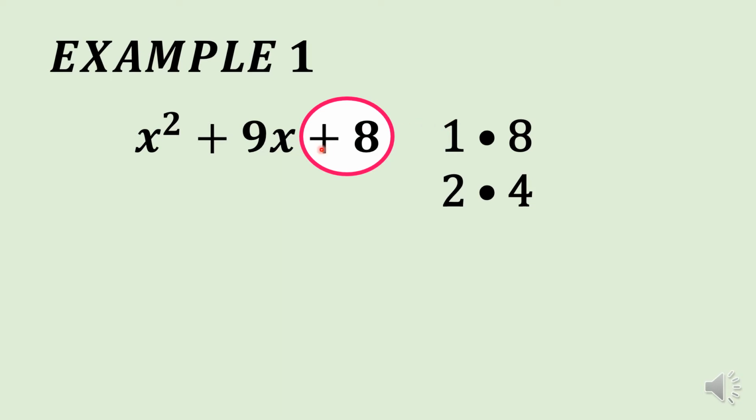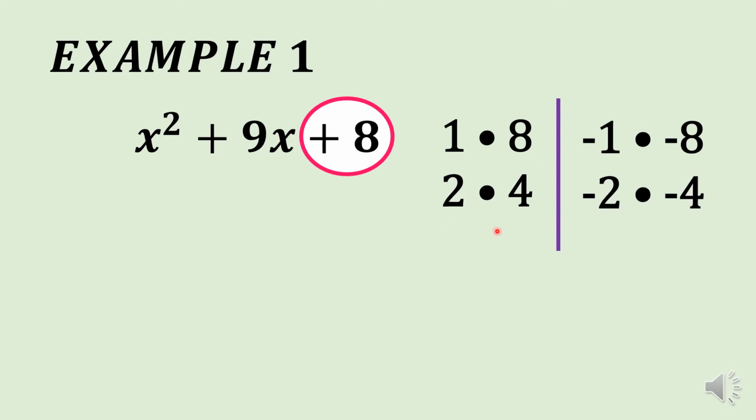As you notice, since the sign of our 8 here is positive, we can also take the negative side of our factors, and that we have negative 1 times negative 8, because if we multiply negative times negative, that also gives us an answer of positive. And then same with 2 and 4, so we need to take the negative side.